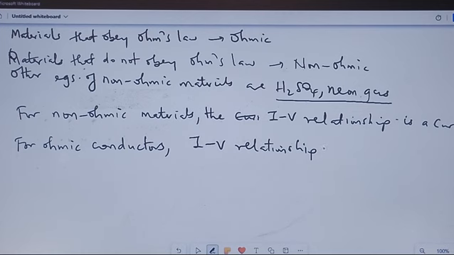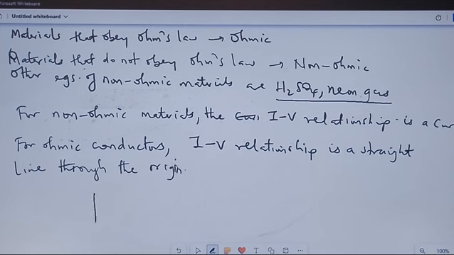When you plot it on a graph, it gives you a straight line through the origin. Something like this.